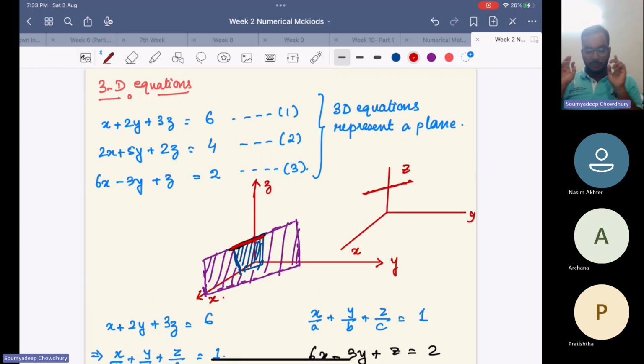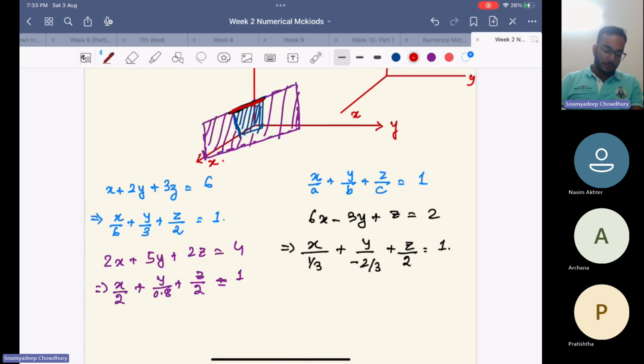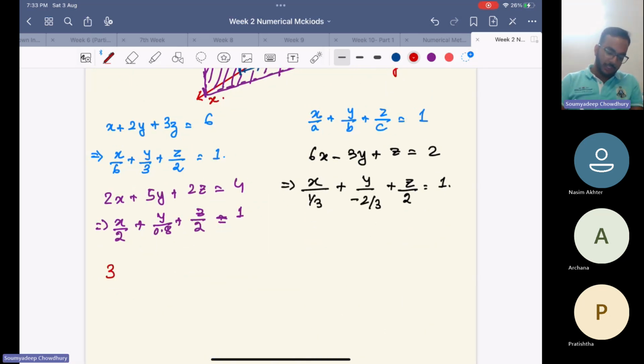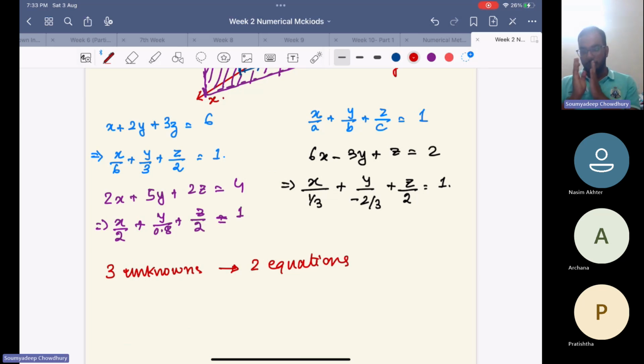Just remember this thing. If you have three unknowns and two equations, x, y, and z are the unknowns, and you have two equations. So from that, what will you get? You will not get a unique point. You will get a straight line.